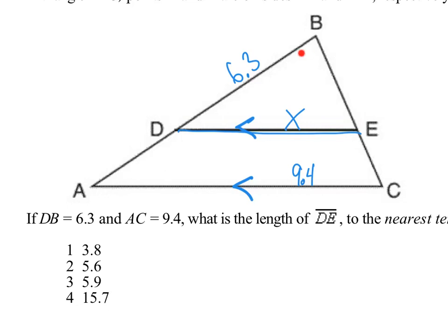Well, the first thing that I'm going to do is analyze this diagram and think, is there any way that we can establish similarity between this small triangle and this big triangle? Well, we're going to need to think about that given the information we have. I noticed that we've got two parallel lines. Do we have any angle relationships? We sure do. I can see that this angle right here and this angle are congruent because they are corresponding.